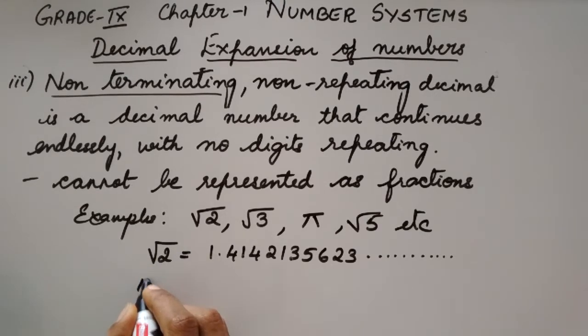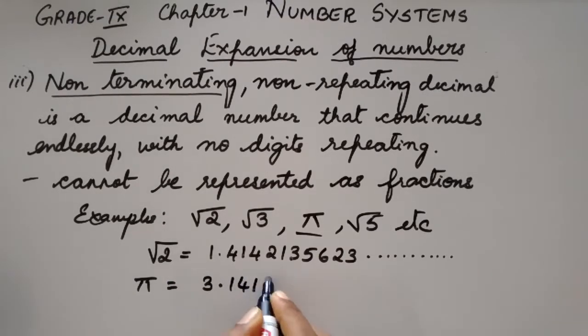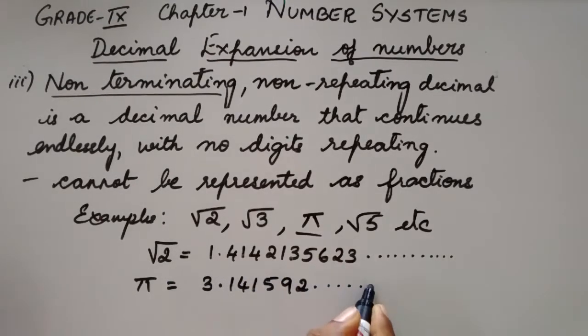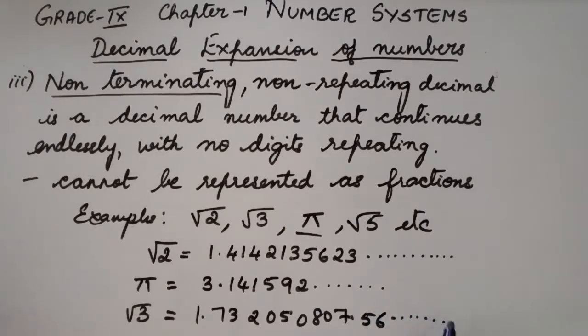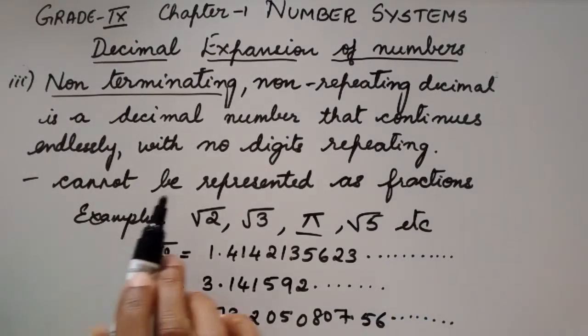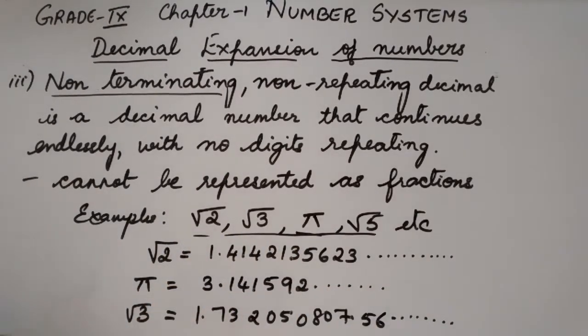The value of pi is 3.141592. Then root 3 is 1.732050. So these are non-terminating, non-repeating decimals and are also called irrational numbers. These cannot be represented as fractions. Did you get this, students? Yes, okay.